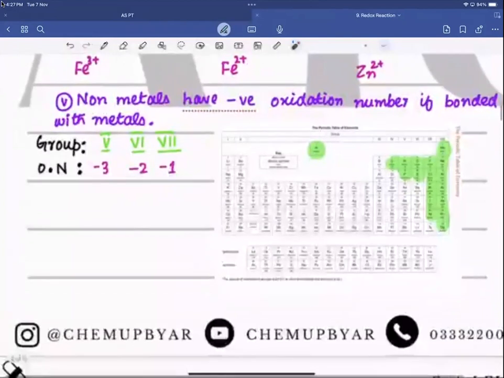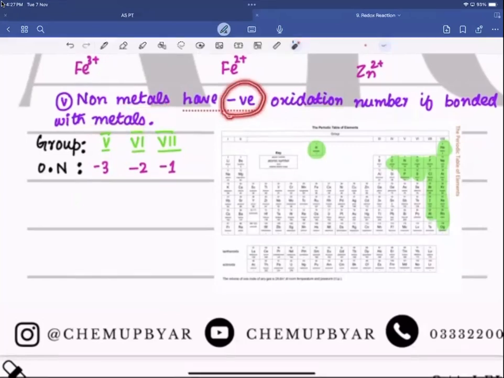Now, for non-metals, there is a condition that when non-metals are bonded to metals, then their oxidation number is negative. If that non-metal is from group 5, then its oxidation number is -3.